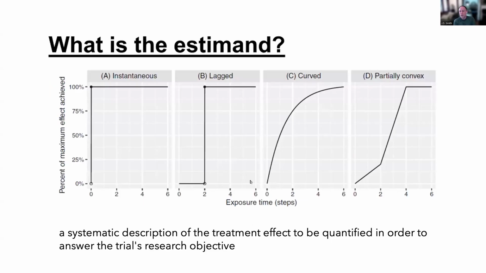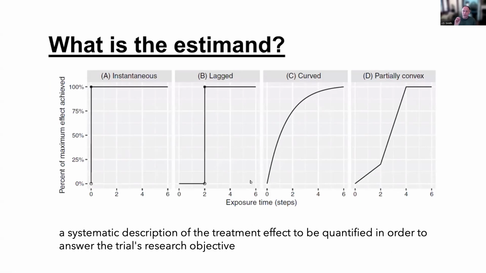So this goes to actually specifying your estimand. An estimand is a systematic description of the treatment effect that is going to be quantified in order to answer the trial's research objective or research questions. The left-hand panel A is the instantaneous effect.